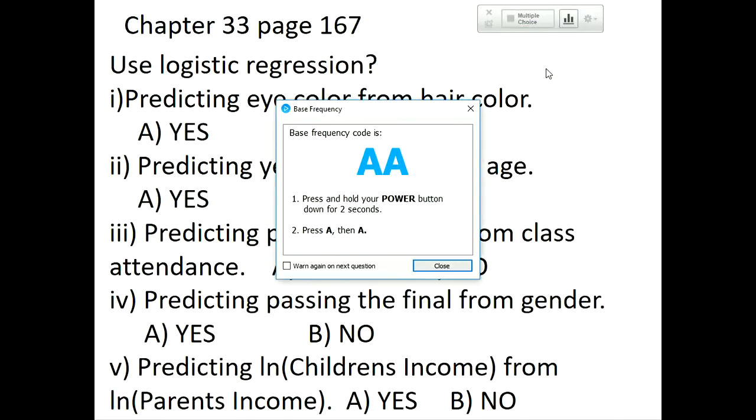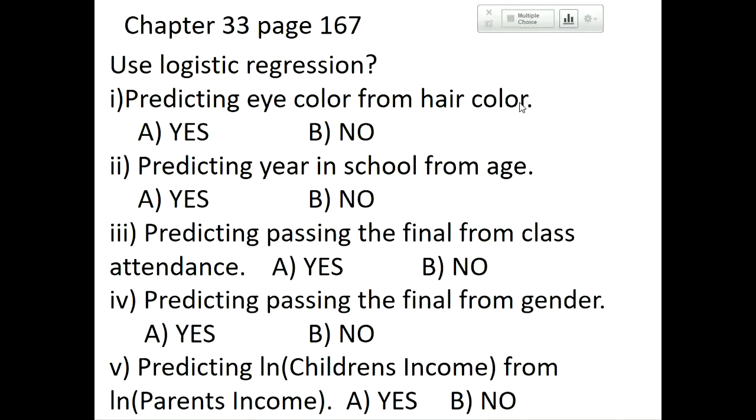All right, so I just want you to think about this. This is back to chapter 33, the very beginning, page 167, where we said, do you think you can use logistic regression? Is it appropriate to use if I wanted to predict, let's start with the first one, eye color from hair color? A, yes, B, no. Just what do you think?